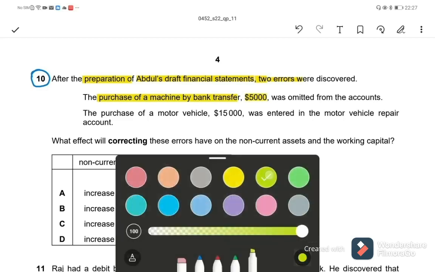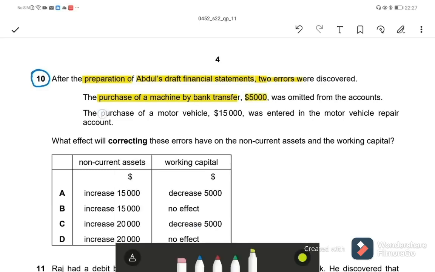And second error, the purchase of a motor vehicle 15,000 was entered in the motor vehicle repair account. The first one completely omitted from the book. They are not entered in the book. The second one, motor vehicle entered in motor vehicle repair account. Asset account entered to the expense account.